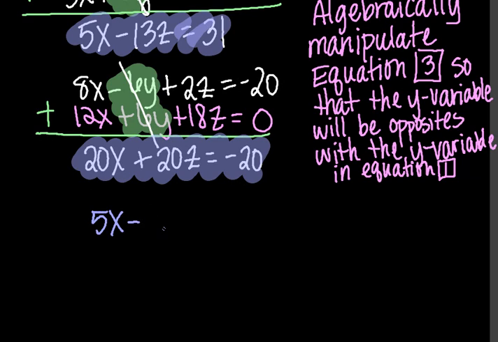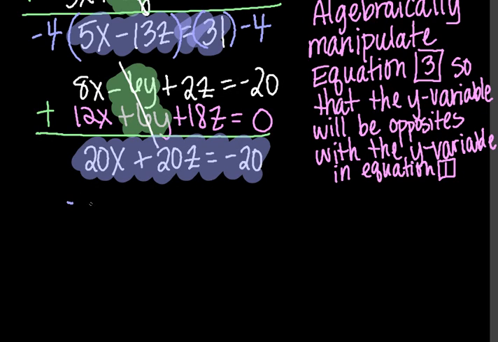So we're going to have 5x. Oh, will we be able to add them together straight away? No. So what should I do to the first one? Multiply it by negative 4. Why does it need to be negative? So it cancels out.